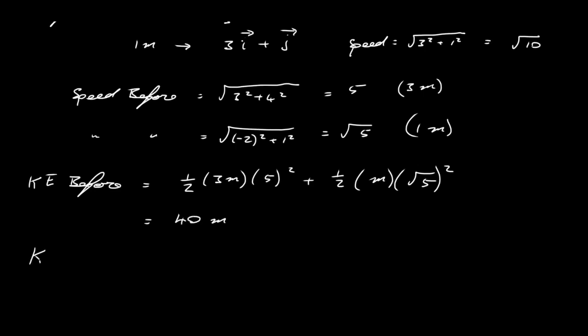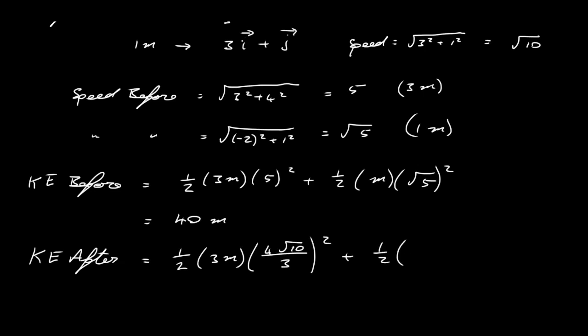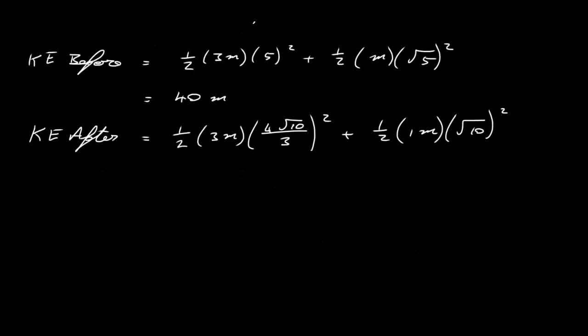So the kinetic energy afterwards, same thing again, just add up the two kinetic energies. So it's going to be half of 3m times (4 root 10 over 3) squared, plus half of 1m times square root 10, squared. When you do that, you get 95 over 3 m.